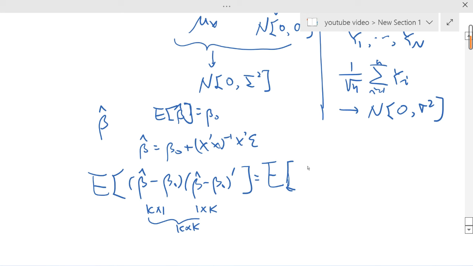Beta hat minus beta 0 is X prime X inverse X prime epsilon, and taking the transpose of this, we get epsilon prime X X prime X inverse.